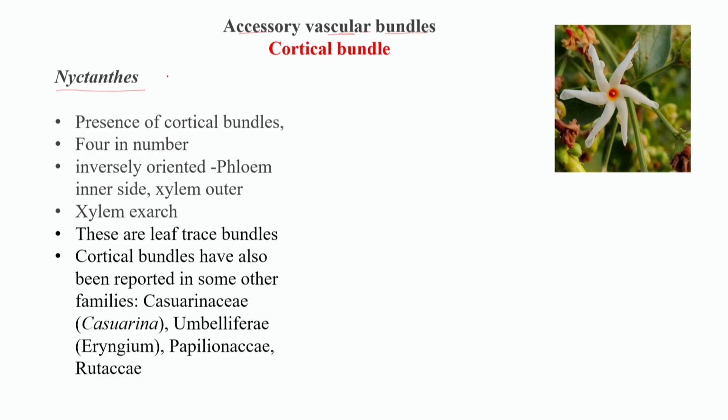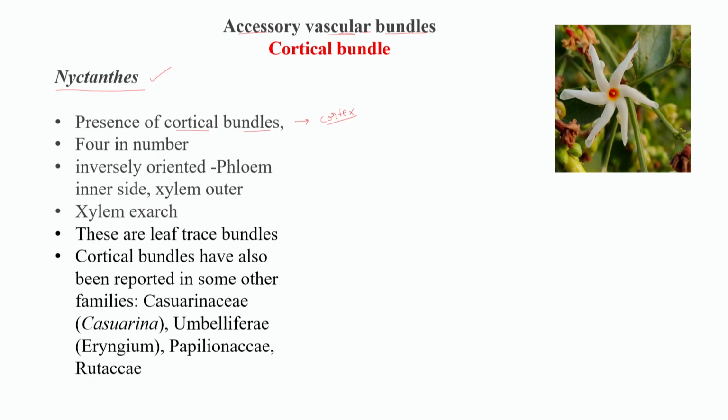Nyctanthus is one of the very important plants in which you will find accessory vascular bundles, and in this you will find the presence of cortical bundles. That means the vascular bundles which are found in the cortex. Now the Nyctanthus plant, I think you all might have seen. It's beautiful.